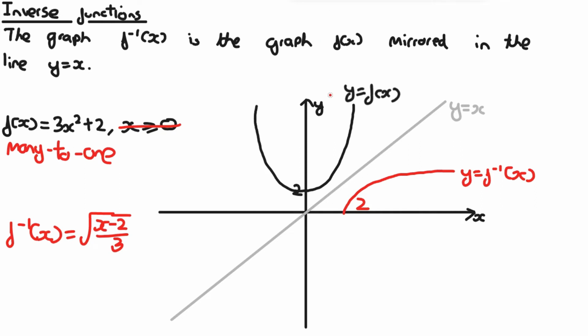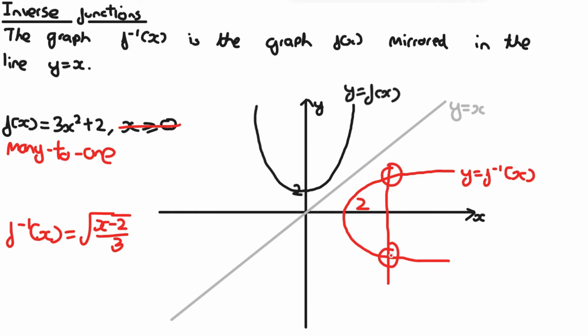And as a result, as we're reflecting this, this graph would have the same, so it would come down like this, and the reflection would be continued. But now we have a problem, because the inverse is now a one-to-many mapping. One x value is giving off multiple y values.